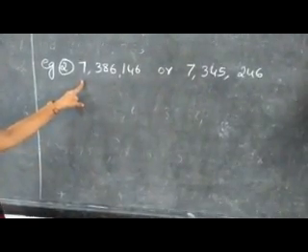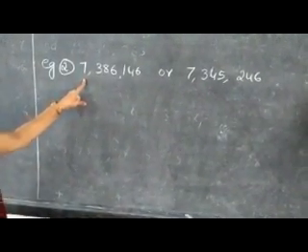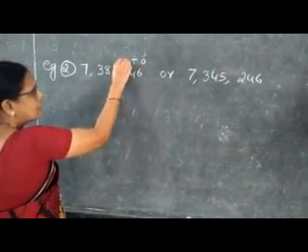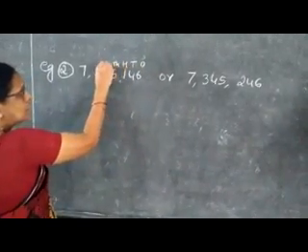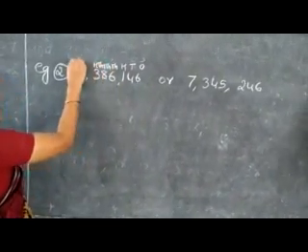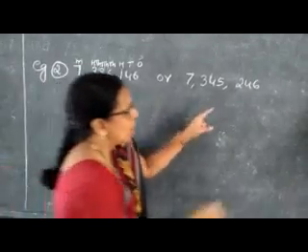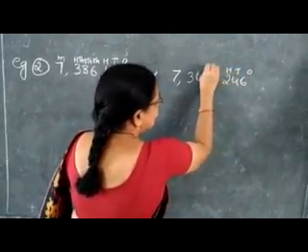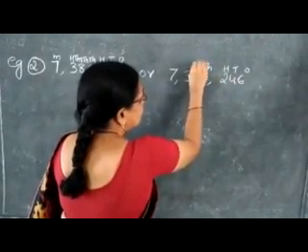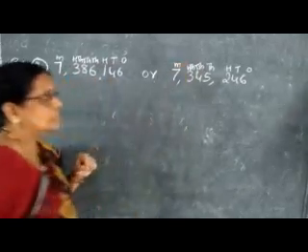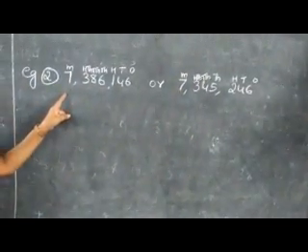We will start from the highest place value. So first we will write the place values: ones, tens, hundreds, thousand, 10,000, 100,000, millions. First we will start from the millions place.